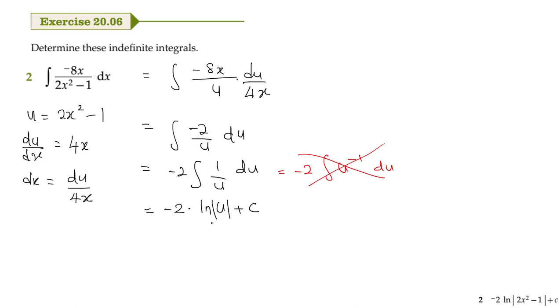And don't forget to put the modulus because the function inside the ln is always positive. Okay, so substitute back your u with 2x squared minus 1 plus c. So be careful when you deal with the reciprocal function.